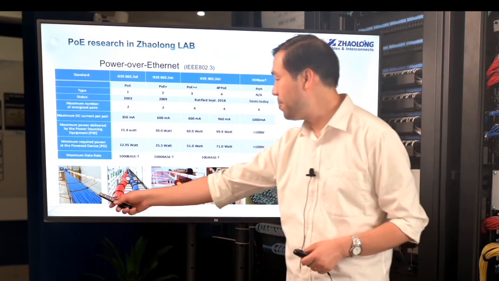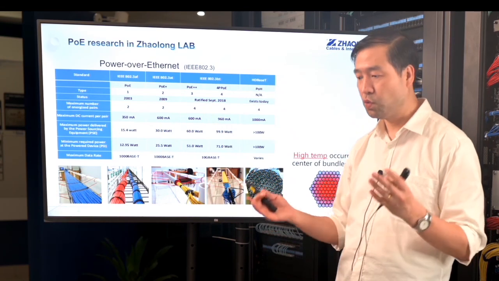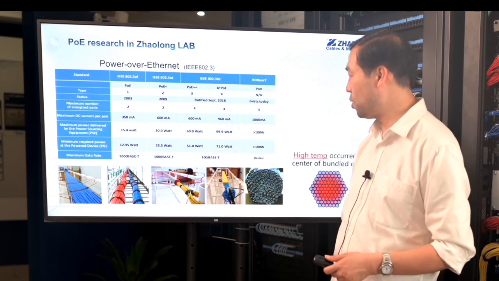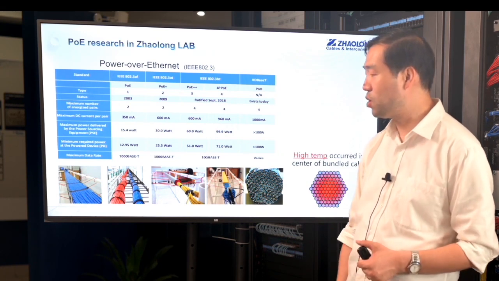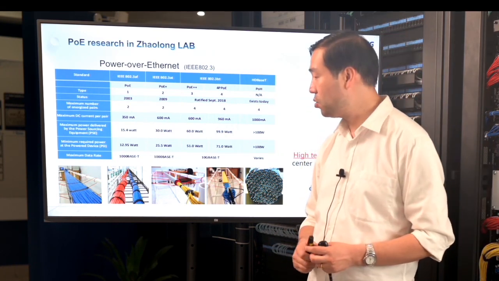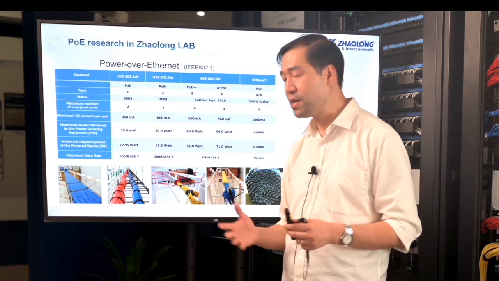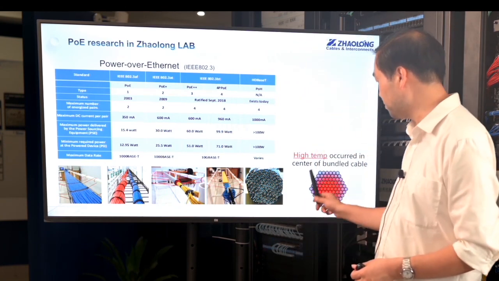We have 1, 2, 3, 4, 4 different kinds of way to pull down, to bundle together, and to let them work. So I have no idea in your country, but in China we will prefer the second one. The second one is we bundle all the cable together. So like this module.